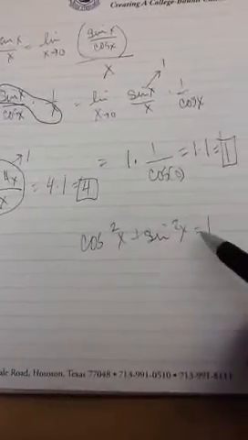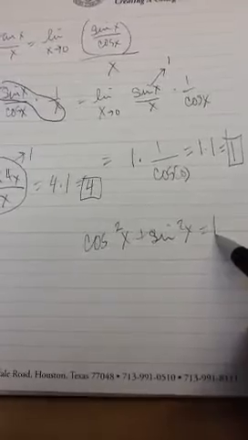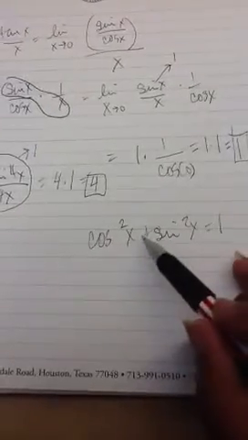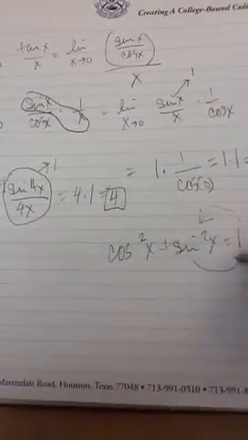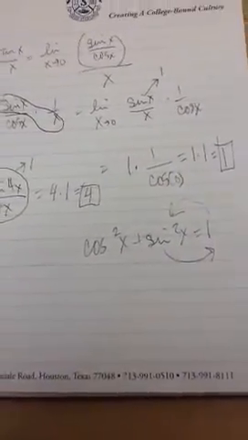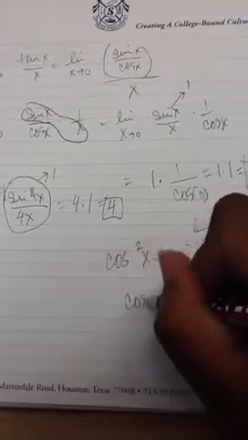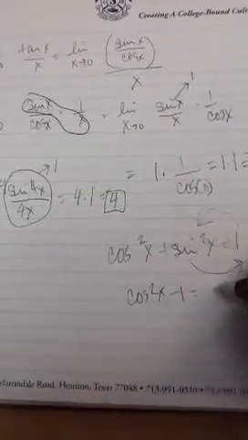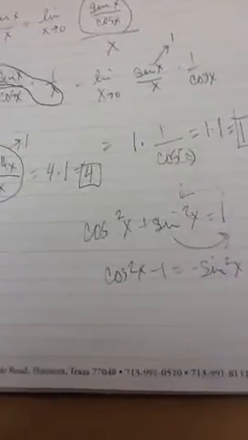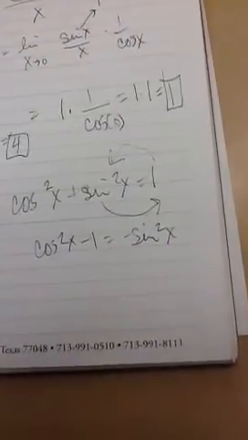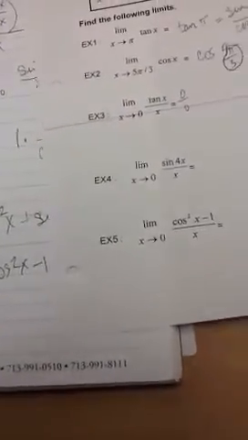So if I was to get this 1 to subtract from this cosine squared x, so that's moving the 1 over here and moving the sine squared x over here, I'll get that cosine squared x minus 1 is equal to a negative sine squared x. Boom. Well, that's what I have at the top.